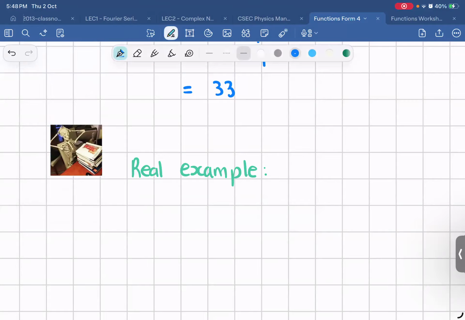So here, I want somebody to give me a function. This is example 1. Somebody give me a function. Anybody, guys, don't stall. Preferably a simple one.